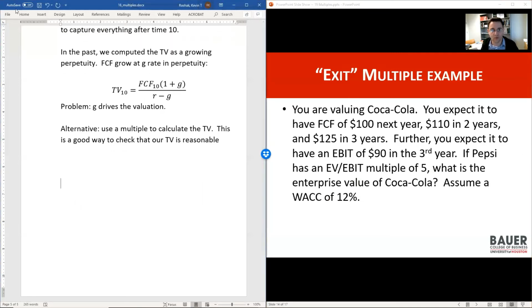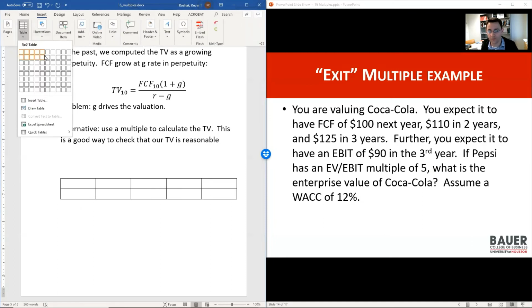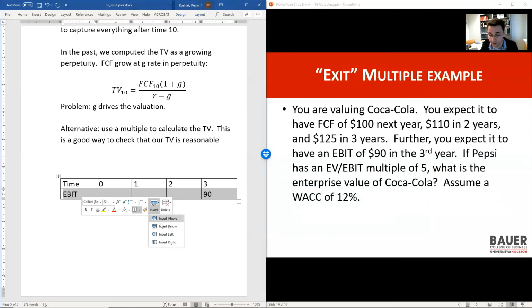Okay, so let's draw out the cash flows. We've got time. We'll have an EBIT here. We know that the EBIT is going to be $90 in year 3. We don't know what it's going to be before that. We're not going to use it before that, but we know it's going to be 90 at time 3.